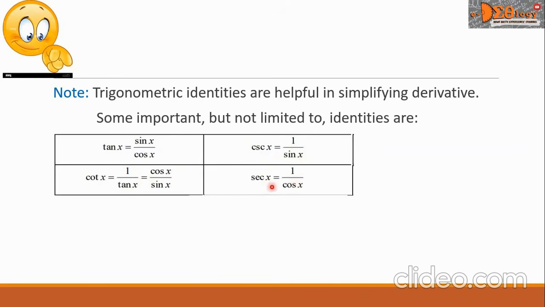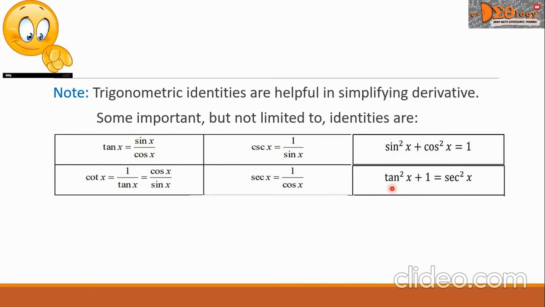Secant x equals 1 over cosine x. Sine squared x plus cosine squared x equals 1. This is one of the most popular identities. Tangent squared x plus 1 equals secant squared x. 1 plus cotangent squared x equals cosecant squared x.